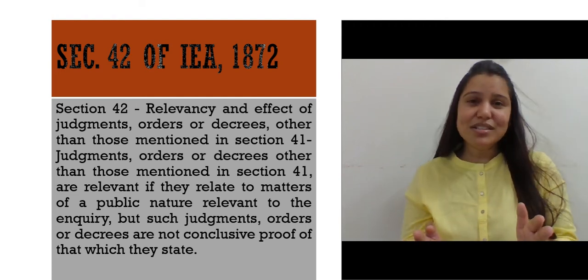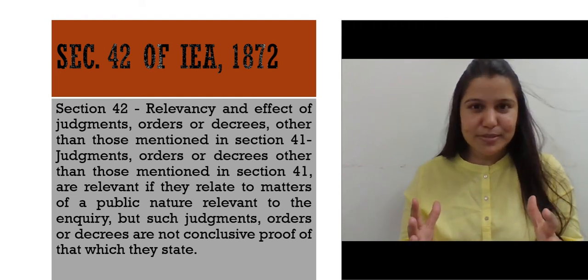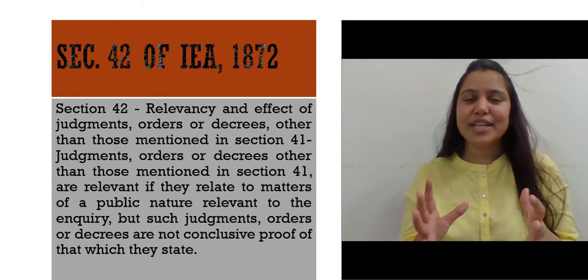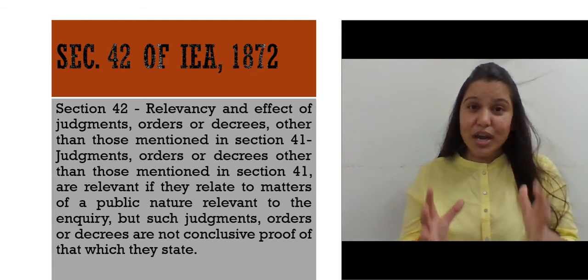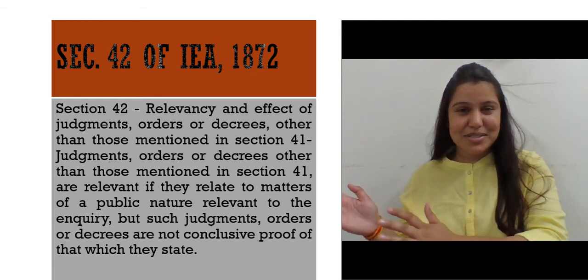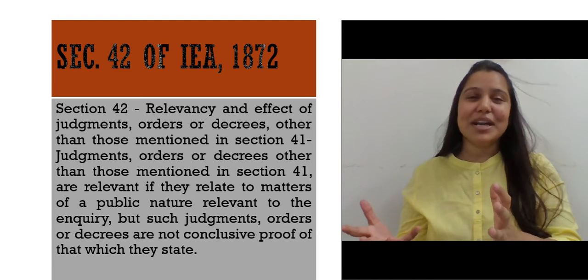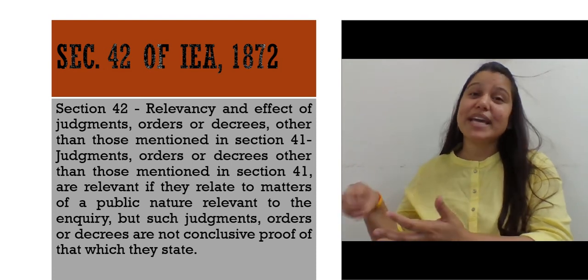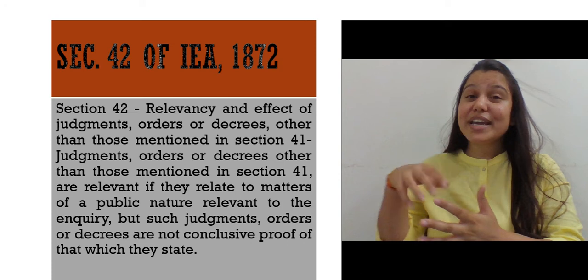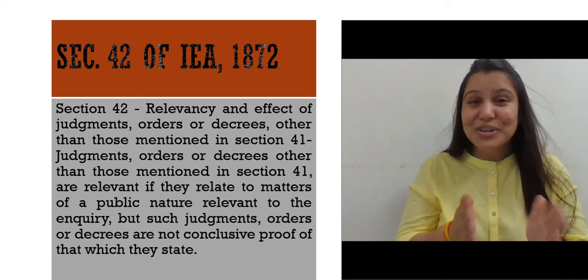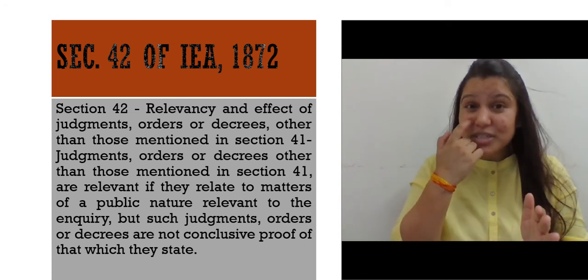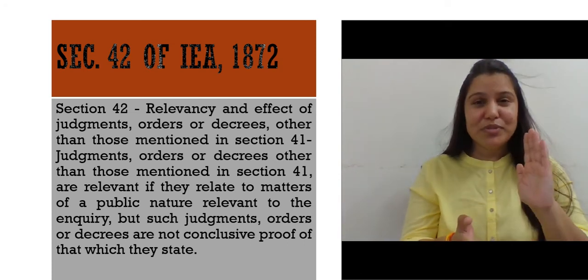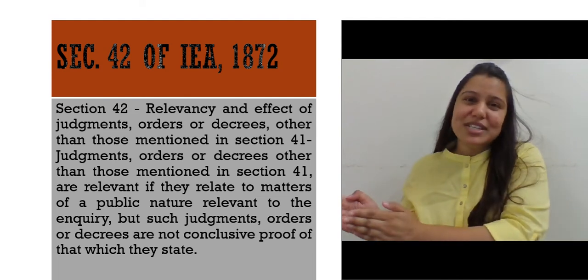Now in this case, B won the case. It was held that it is a public way. Now in another case of that same land, if A again files a case of trespass against C, then here the judgment, the order or decree between A and B will be relevant in this case.